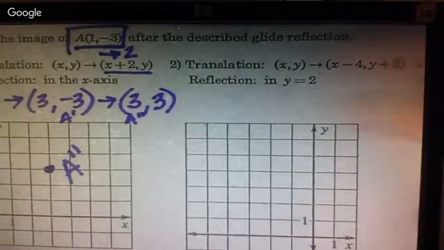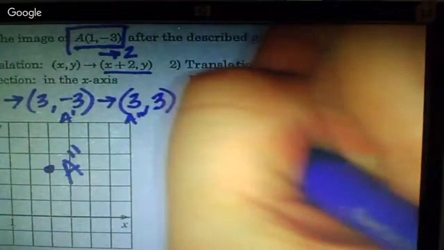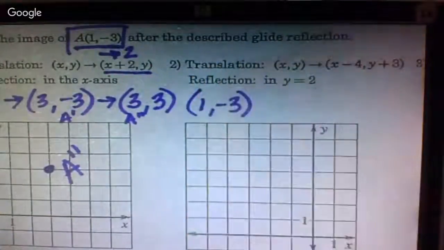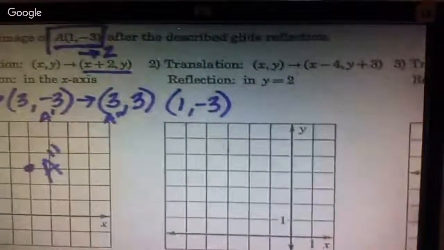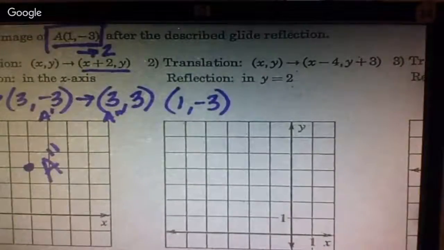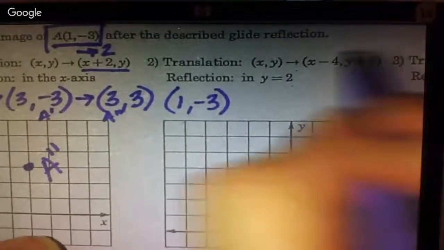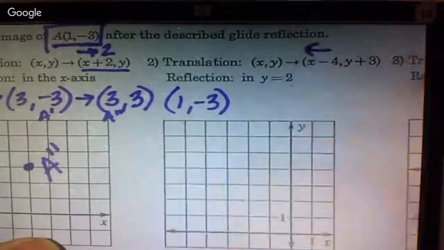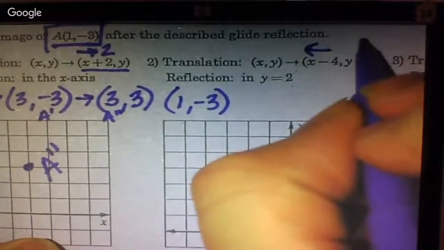All right. So we're going back to that original point, (1, -3). This time, what am I doing with my translation? Subtracting 4 and adding 3. Subtracting 4 from x moves it which way? Left. And adding 3 to y becomes? Up.